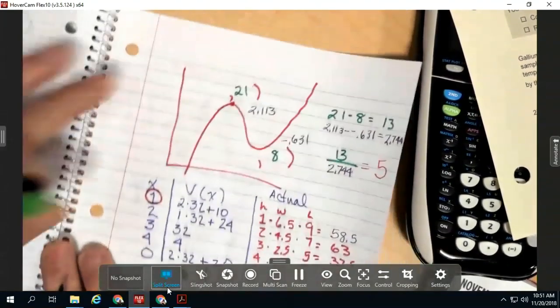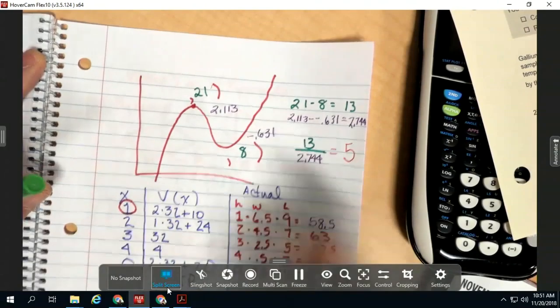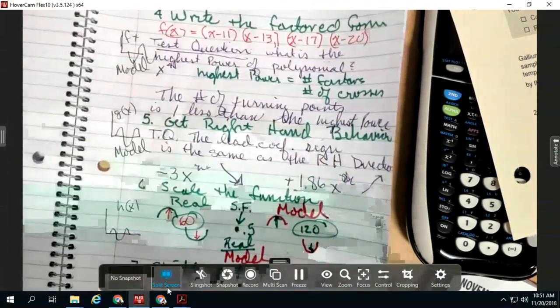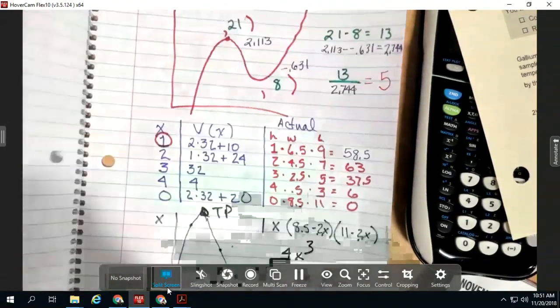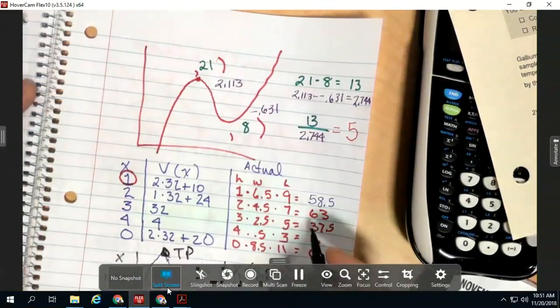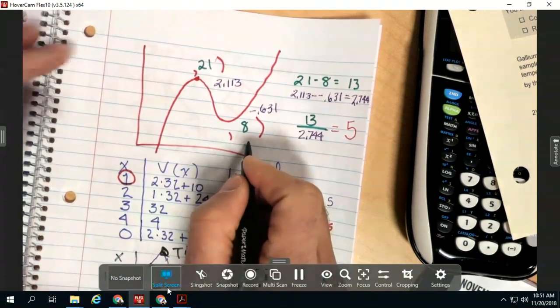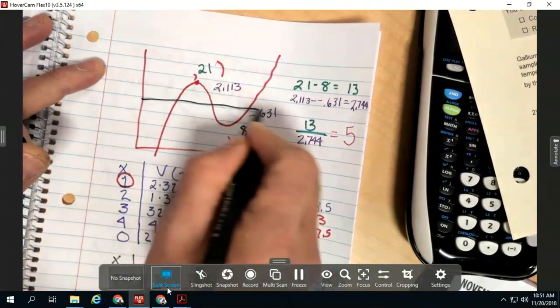Go to this one right here. Oh yeah, the one that we did before, but I never finished it. What was the one where it was up 10?